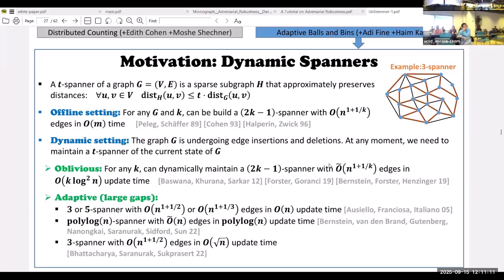Okay, so recently in 2022, we have 2 papers trying to argue with this. So what are the results that we know?